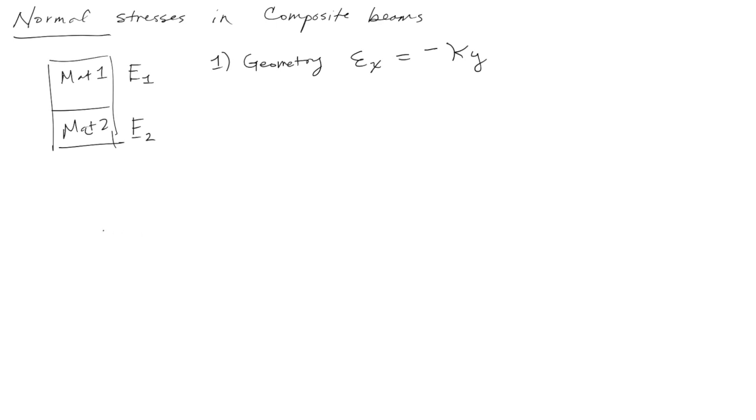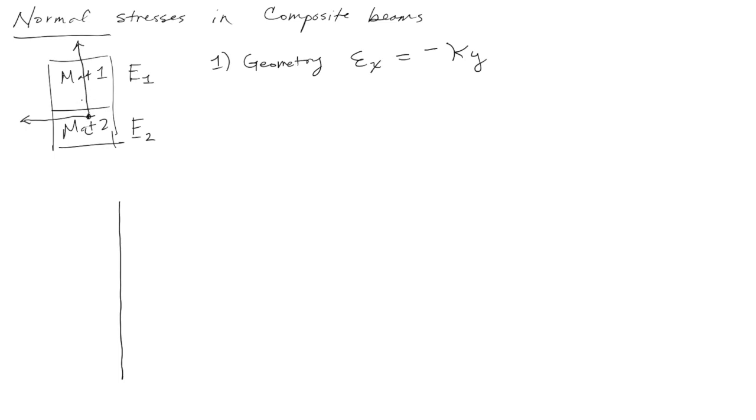Okay, maybe I'll put another graph here. Another thing to keep in mind, which I should have mentioned at the beginning, is that when you have a composite beam, the neutral axis may not coincide with the centroid.